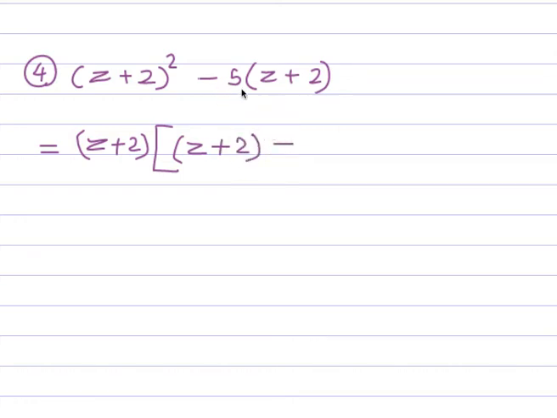Now this minus. From here this is what we took common, and this is 5. Now here z plus 2 minus 5.